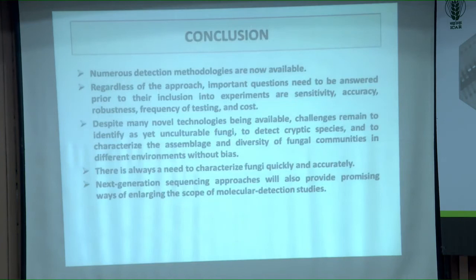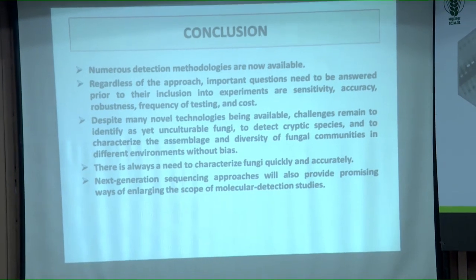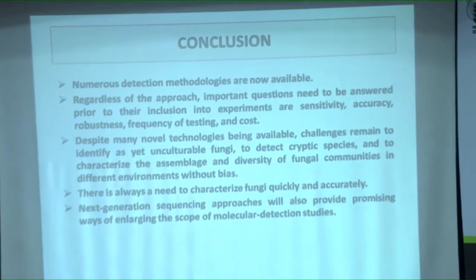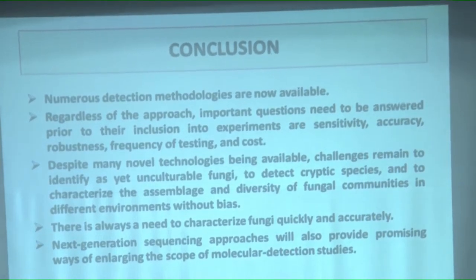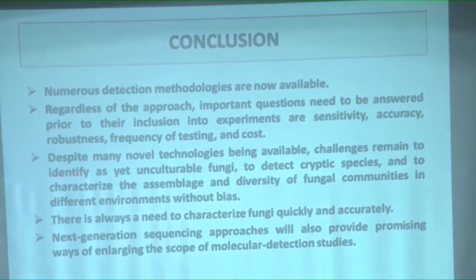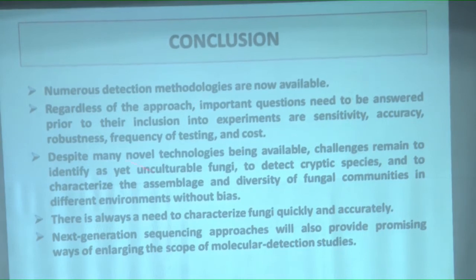And the conclusion of this particular topic is, you have seen numerous methods are available for the detection of plant pathogens. Regardless of the approach, important questions need to be answered prior to their inclusion into experiments: sensitivity, accuracy, robustness, frequency of testing and cost.